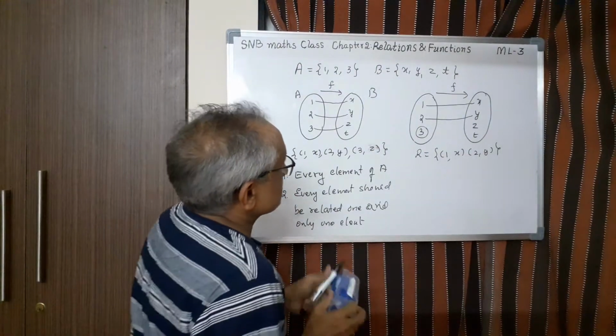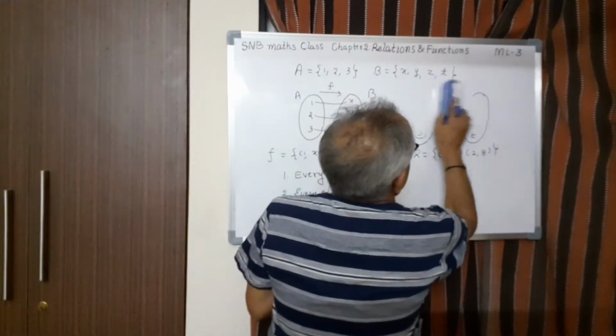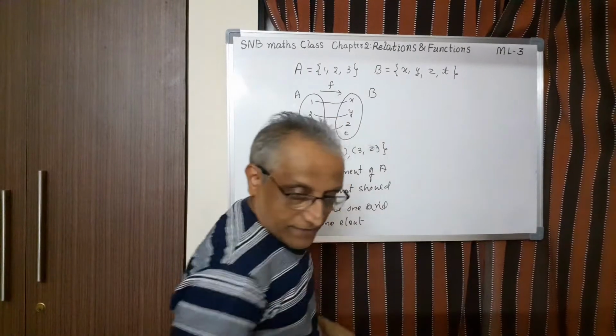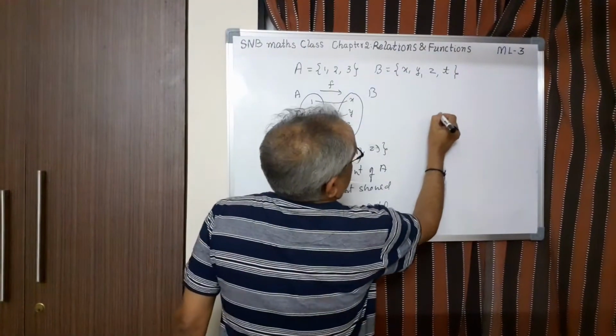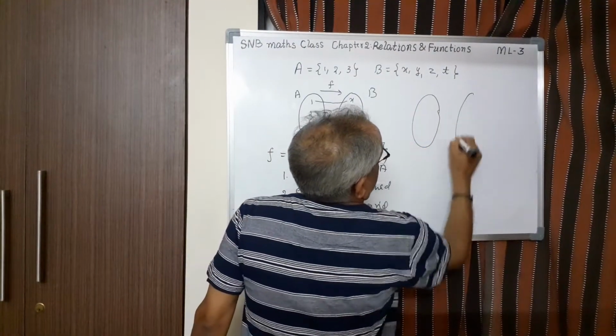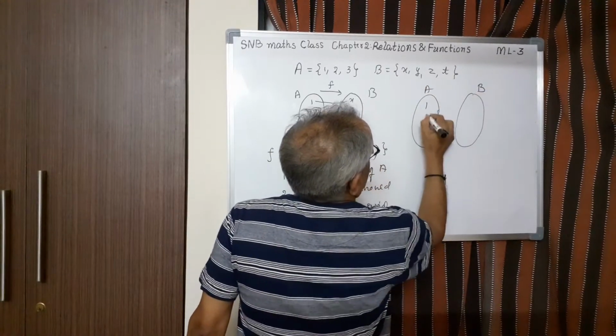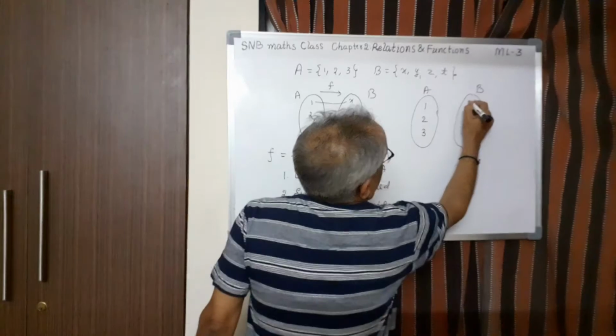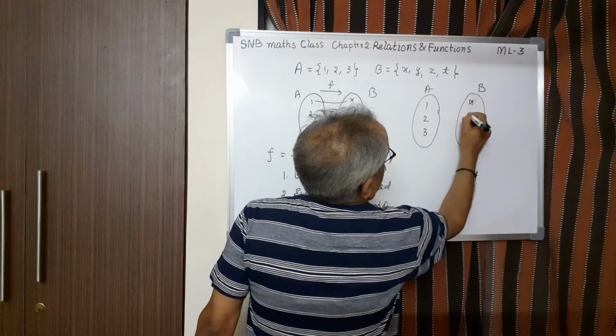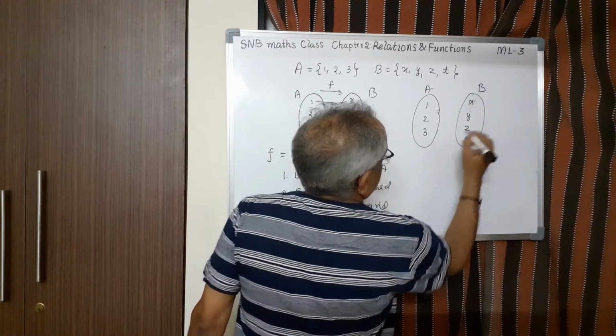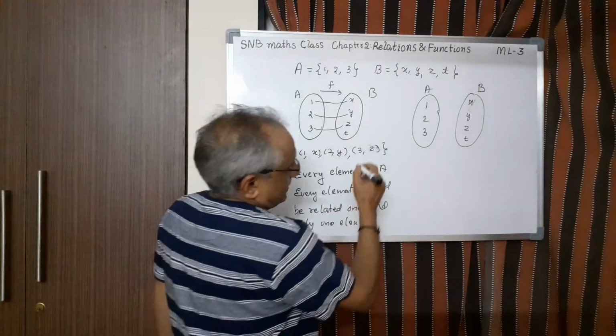Similarly here you see, suppose I take another relation, like this, say A, then B, say 1, 2, 3, and here x, y, z and t. So now I relate like this.